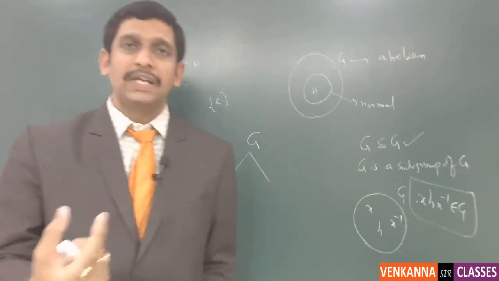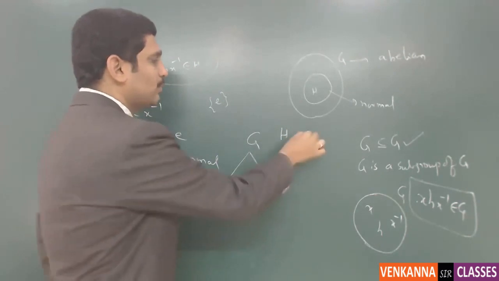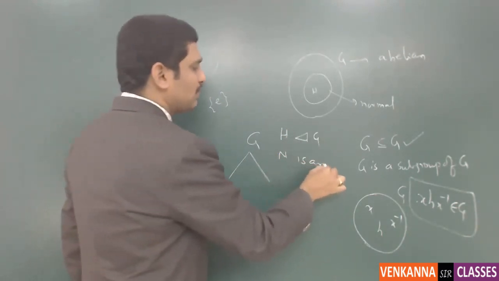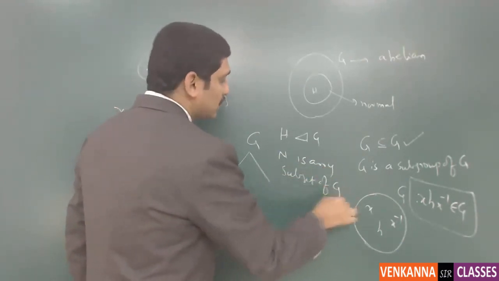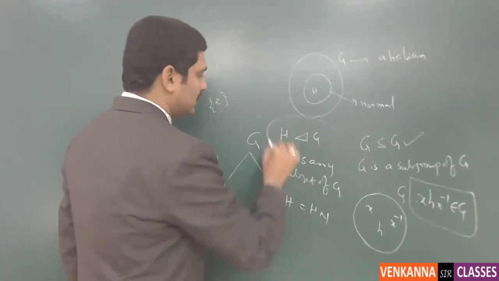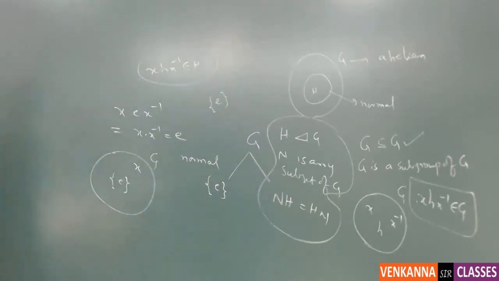The special property it has is, if you take H as a normal subgroup and N is any subset of G, then immediately we can say that NH is equal to HN. This type of abelian property I want to discuss. It commutes with every subset of G.